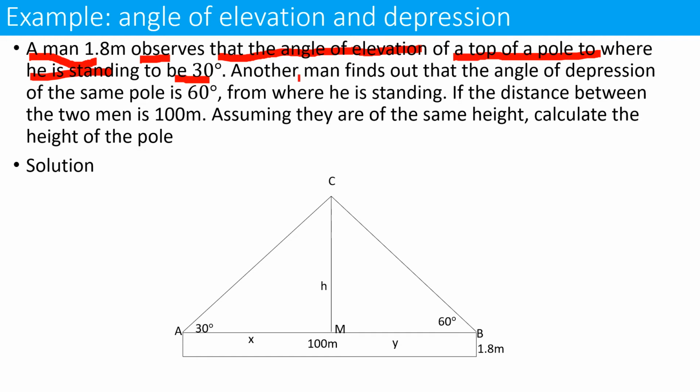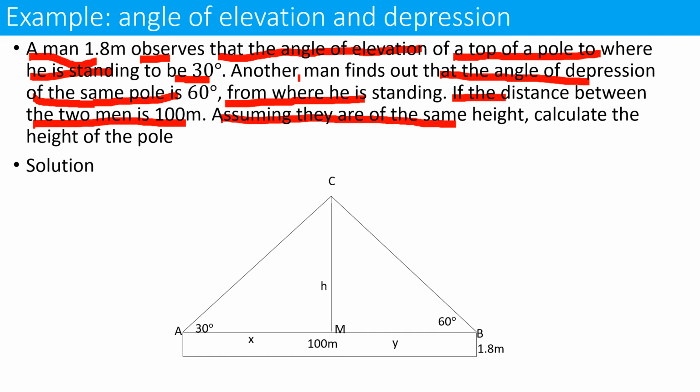Another man finds that the angle of depression of the same pole is 60 degrees from where he is standing. If the distance between the two men is 100 meters, assuming they are of the same height, calculate the height of the pole. So the solution: first you draw.